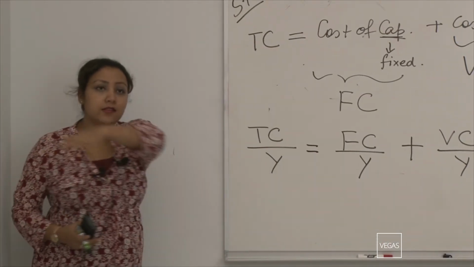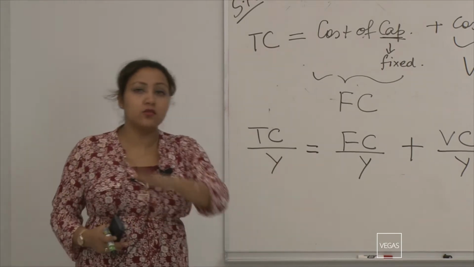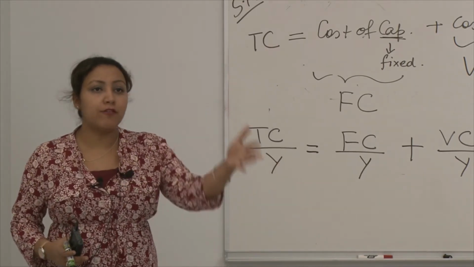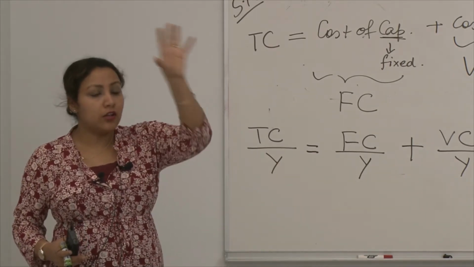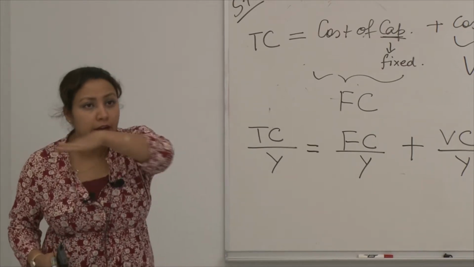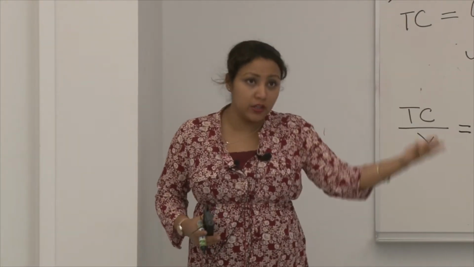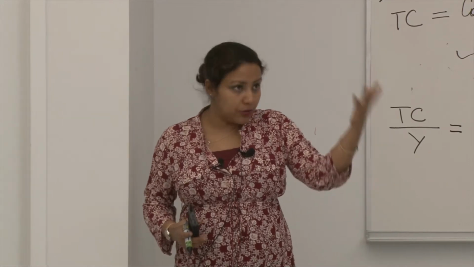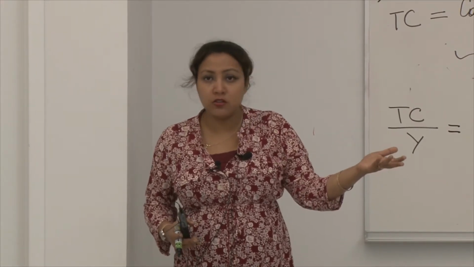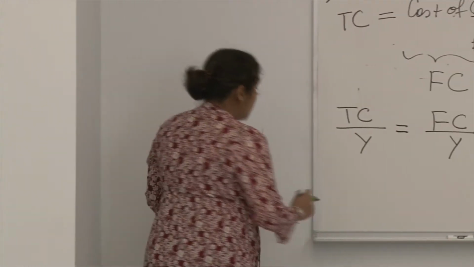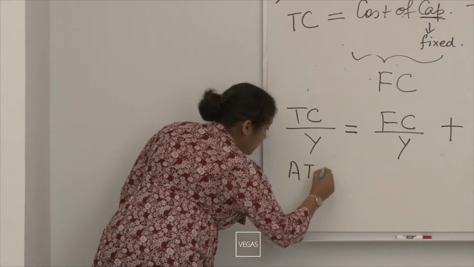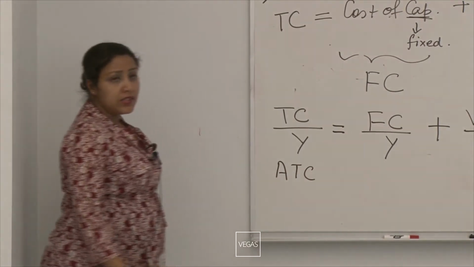All of you, if I say the total score of this class is 1000, what is the average score? You will take the total score, that is 1000, divided by the number of students, which is 23 in your class. That will give you the average score or the mean score, correct? So this is basically the average total cost, ATC.